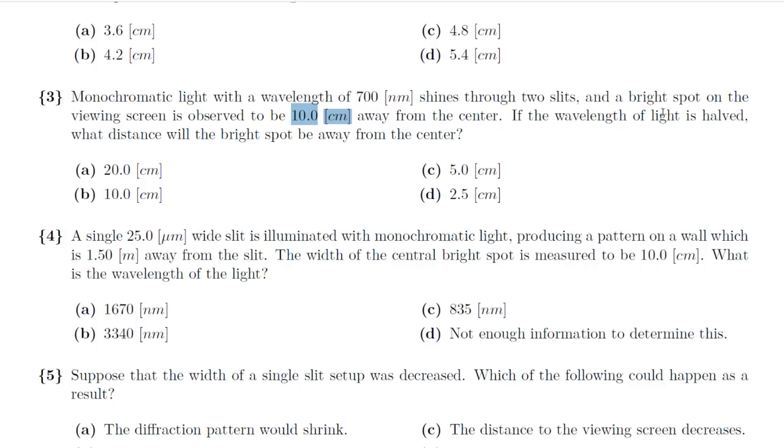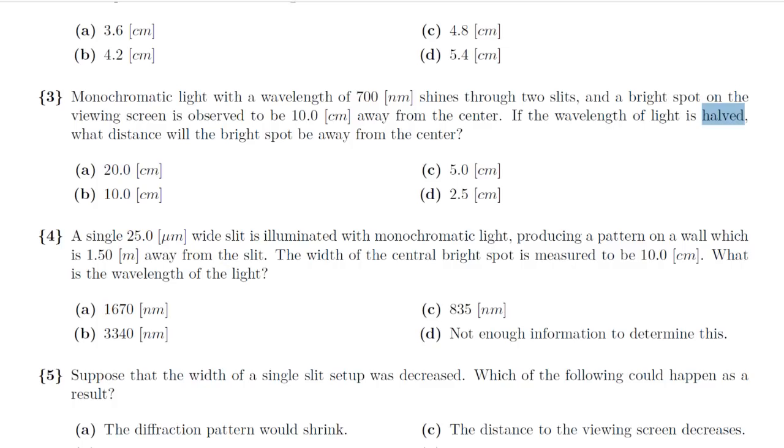If the wavelength of light is halved, what distance will the bright spot be away from the center? So this is a problem where you have two scenarios, and you're simply comparing the two. As you do something to one thing, what's going to happen to the other thing?